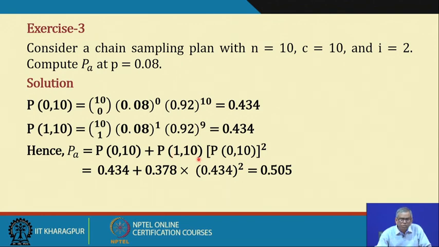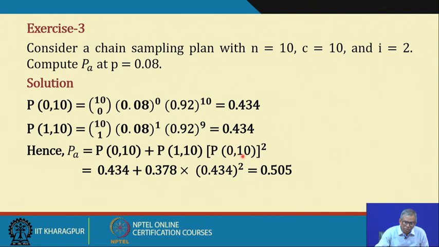You are again going to accept the lot if out of 10 units inspected you get 1 non-conforming unit, provided that in the last i samples you have drawn from the lot, because you are dealing with a series of lots, not an isolated single lot, you do not find any non-conforming unit.